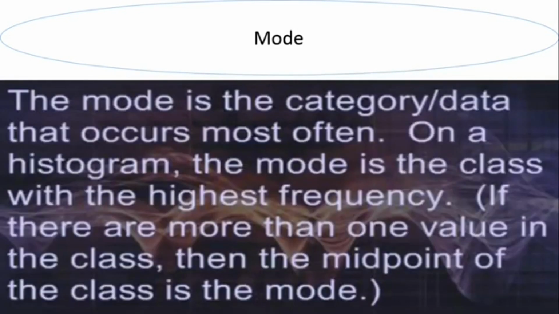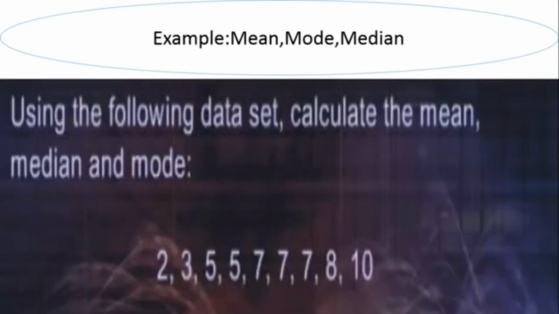So the mode is another measure of central tendency, which is the category or data that occurs most often. On a histogram, the mode can be noticed as the class which has the highest frequency.